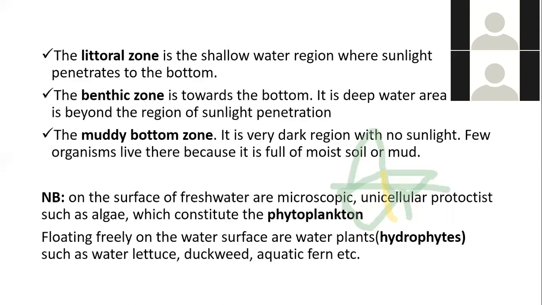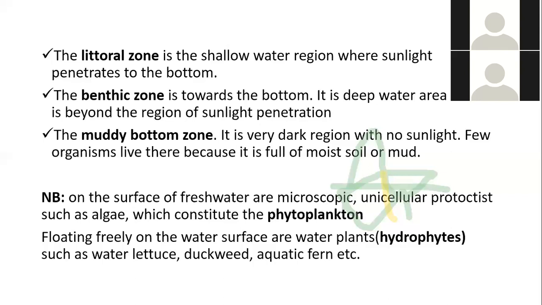So these are the three regions of our freshwater habitat. Now I've placed some information here that you need to know. I don't know if some of you have ever heard the word plankton. Plankton. People would define them as surface dwellers.